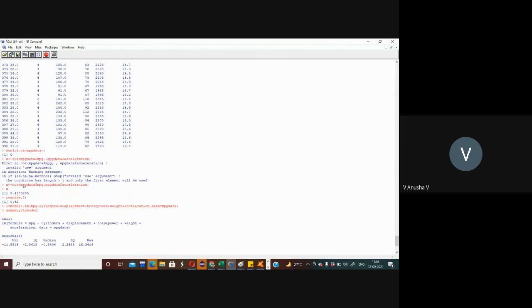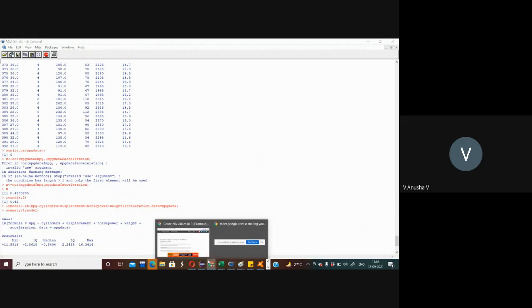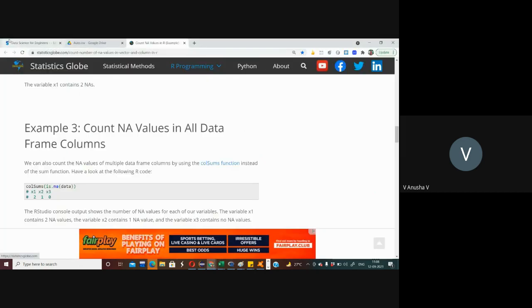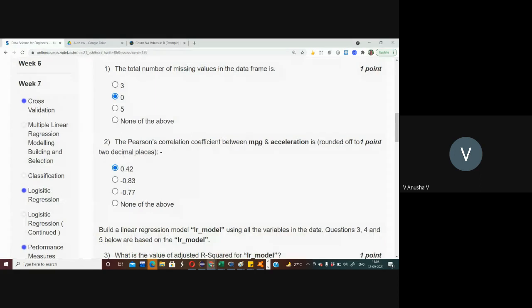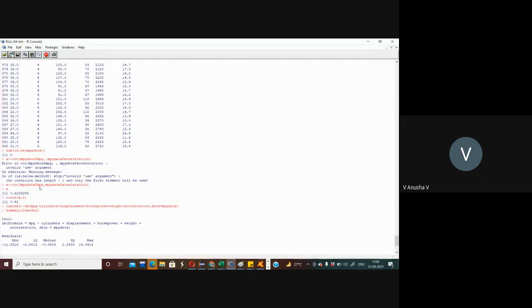They already told us you have to calculate the Pearson correlation between mpg and acceleration, so we'll be considering those two variables. So cor is a function, and mpg and acceleration I want to consider for calculating the Pearson correlation coefficient.